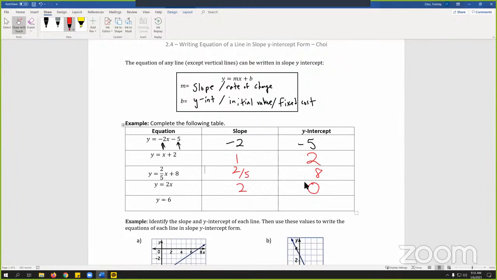And the last one. Let's pick Mersel. Mersel, what is the slope and y-intercept for this last one here? I feel like 6 is the slope itself. I don't know, I could be wrong. So what's the y-intercept then?